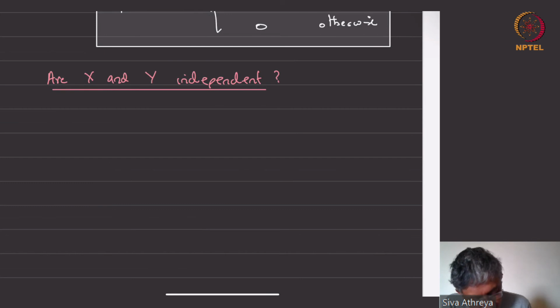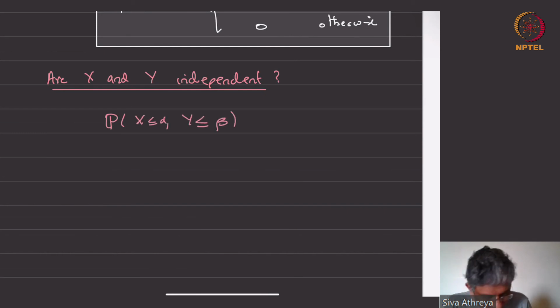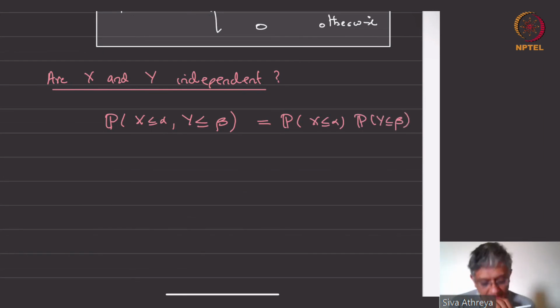One way we know how to do it is by definition: we have to check if the probability of x less than or equal to alpha and y less than or equal to beta, these are all the events that govern the behavior of x and y, is equal to the probability of x less than or equal to alpha times the probability that y less than or equal to beta. If this happens, then you're done with independence.